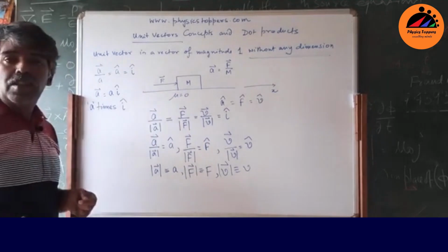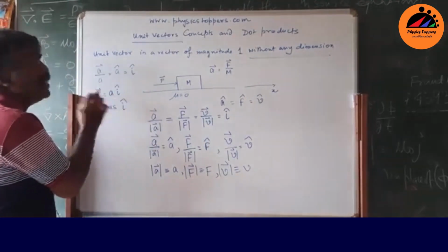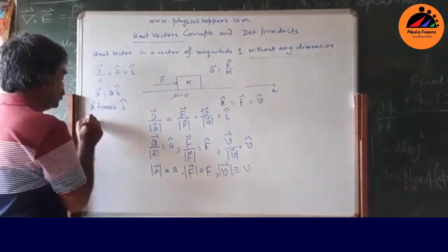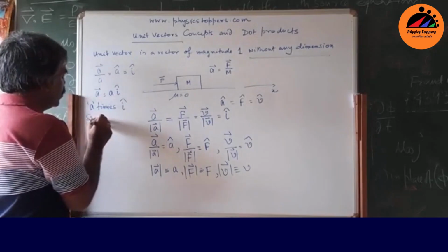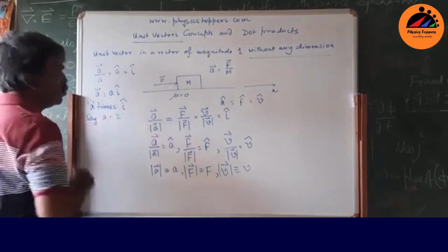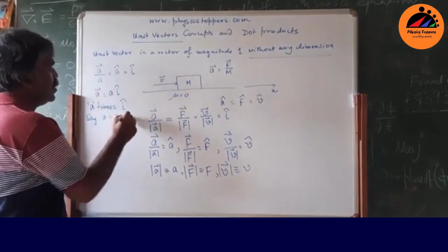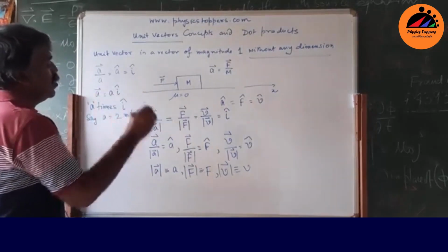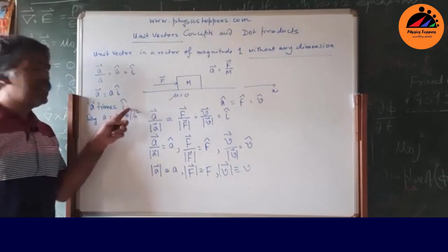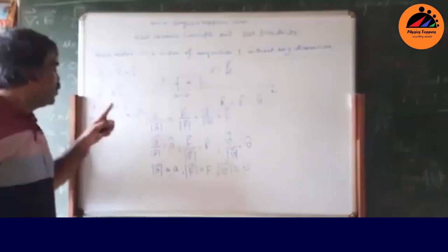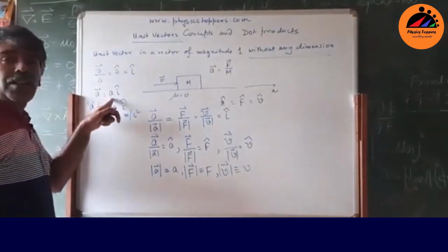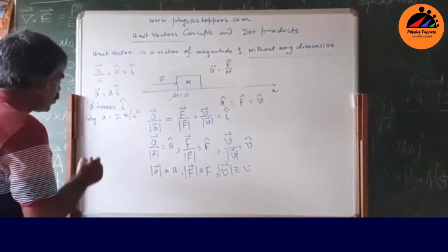Please remember this. For example, suppose a is equal to 2. It's just a number. Of course, this a carries the dimension, so I must write it as meters per second, and this i cap is dimensionless. So all the dimensions will be provided by a.